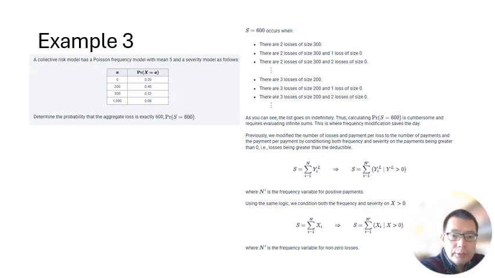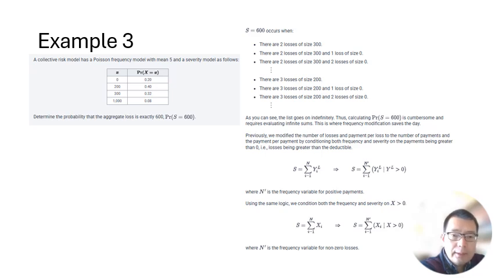So previously we modified the number of losses and payment per loss to the number of payments and the payment per payment by conditioning both frequency and severity on the payments being greater than 0. That is, losses being greater than the deductibles. Using the same logic, we condition both the frequency and the severity on X in this case to be greater than 0.